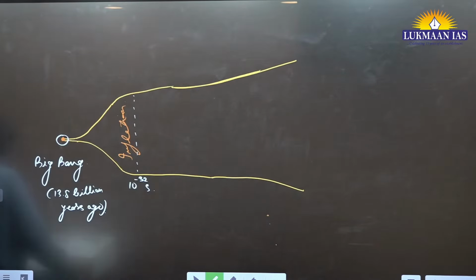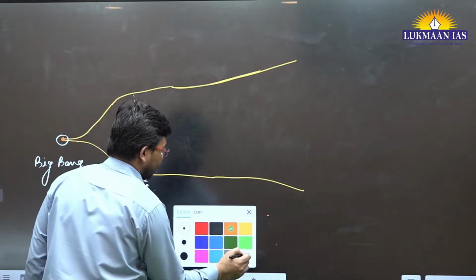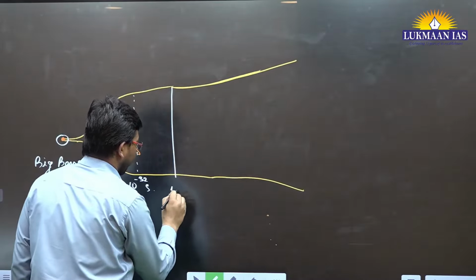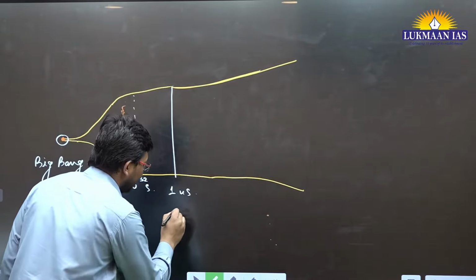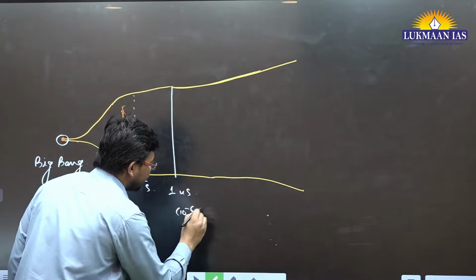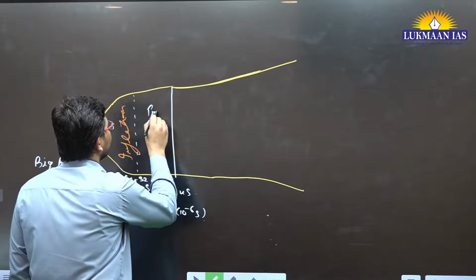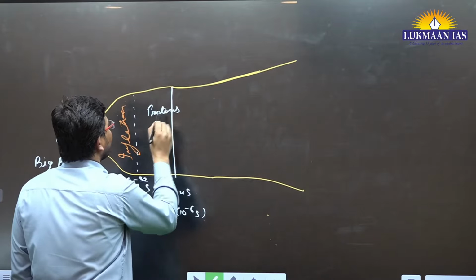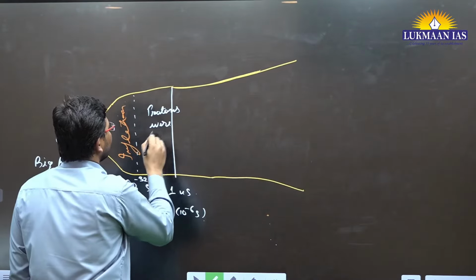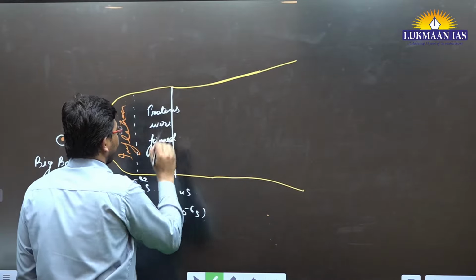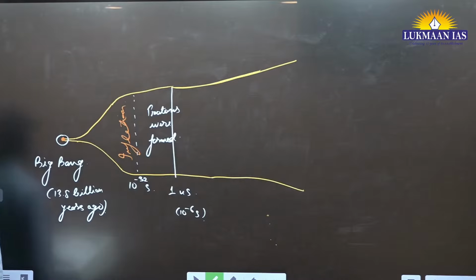And after inflation, at 1 microsecond, protons were formed. I'm going to write down here 1 microsecond. Microsecond means 10 raised to power minus 6 second. So here protons were formed at 1 microsecond.